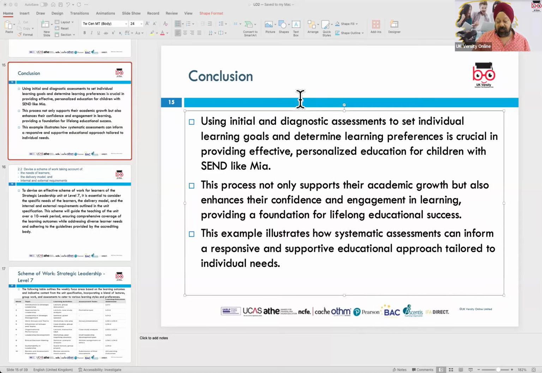Once they are carried out, these are the results, and that is how we put resources or additional things in place for the child or learner to be able to do teaching and learning in the normal environment with us, as would be done by any other student.